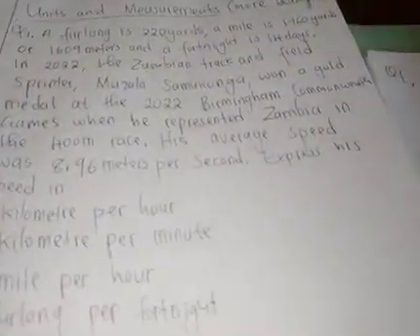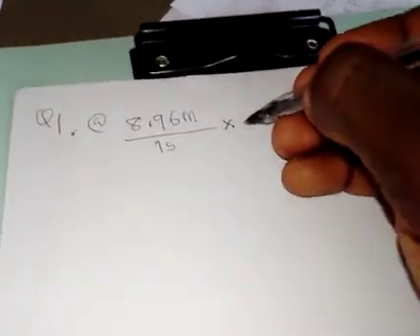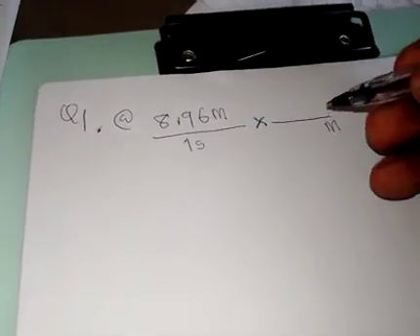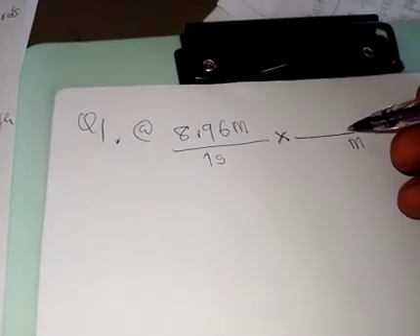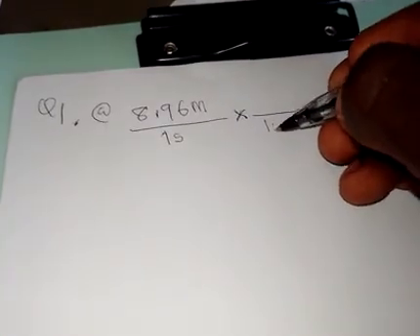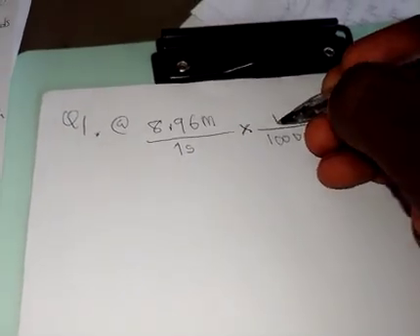The first one is quite direct, meters per hour. We should get rid of meters and introduce kilometers. We know that 1000 meters gives us 1 kilometer.